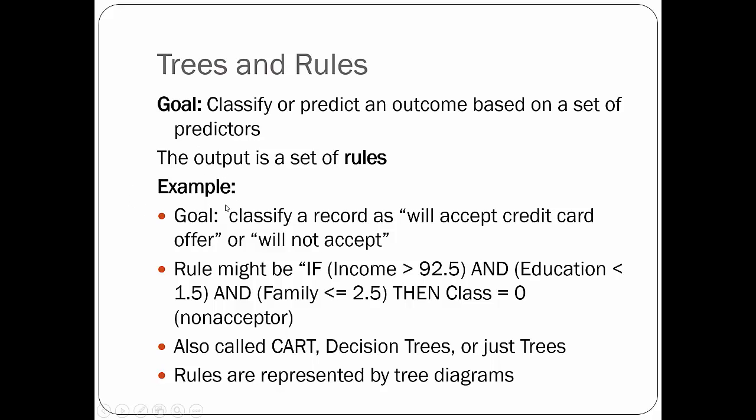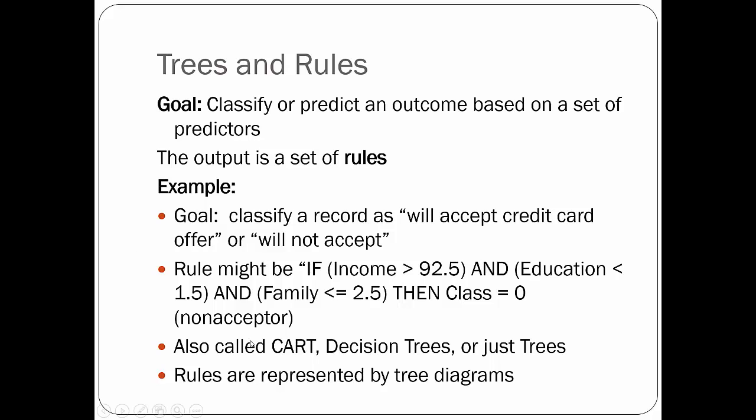So here is one possible rule, one example. Suppose the goal is to classify a banking record, a potential customer: if we make an offer to that customer, will the customer accept the credit card offer or not? Suppose we have a rule like this: if income is greater than 92.5 thousand and education is less than 1.5 level, where 1 is I think high school, 2 is college and so on, and family is less than or equal to 2.5, which is in between 2 and 3 children, so this will be like 2 or less.